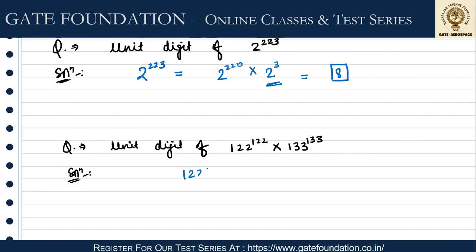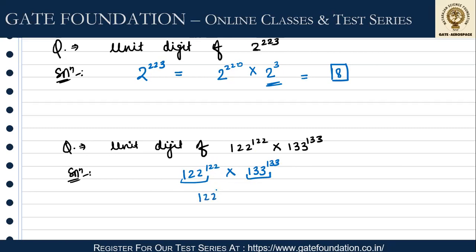Over here, 122 raised to power 122 into 133 raised to the power 133. We are not at all interested in the 12 in the other places. We are only interested in these two. The cyclicity of 2 and 3, both of them are 4 only. Right, so I'll use that part. Number nearer to 122 divisible by 4 is 120.